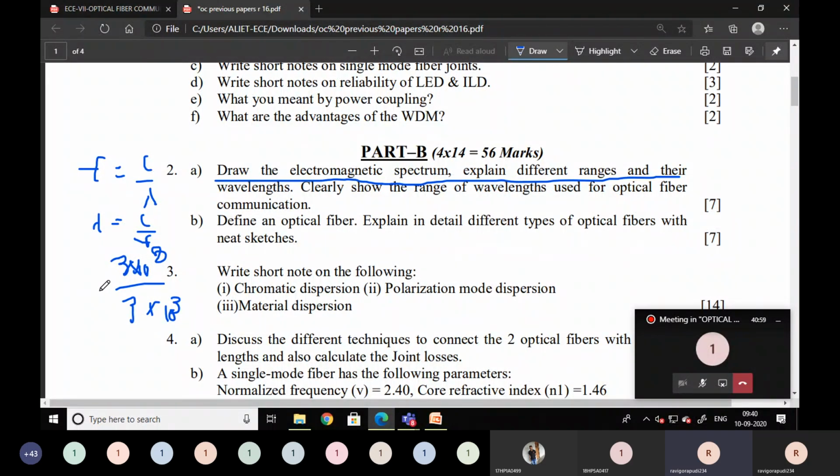That is, for example, the low frequency range. 3 gets cancelled, and 10 power 5 is the wavelength. Otherwise, if you want to write in nanometers or micrometers, 0.1 micrometer, or some other value, whatever it may be. Okay, we have different ways. Like that, you have to write that spectrum.